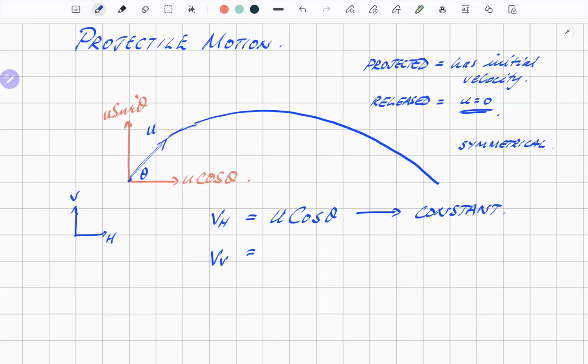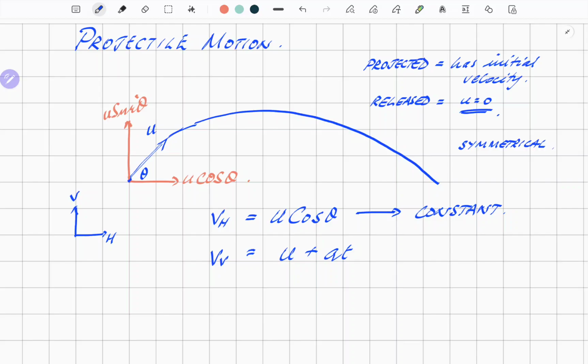Now here, you need your equations of motion, and I'll explain where this comes from. If we start with, you remember, v equals u plus at, that's where it comes from.